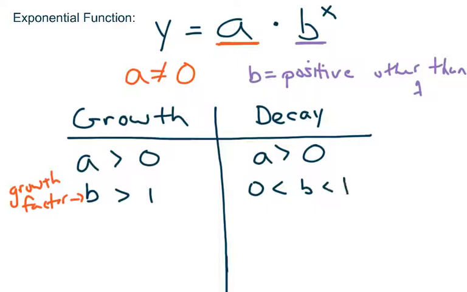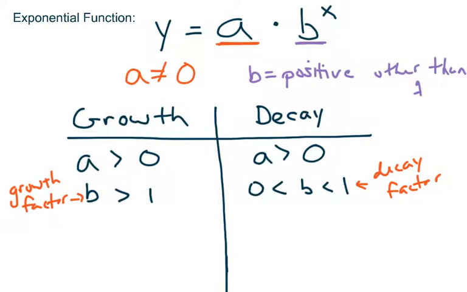Not equaling 0 and not equaling 1 either, because we said b is a positive number other than 1. And by the way, the b value when it's decay is the decay factor. If it's a growth function, then your b value is your growth factor.